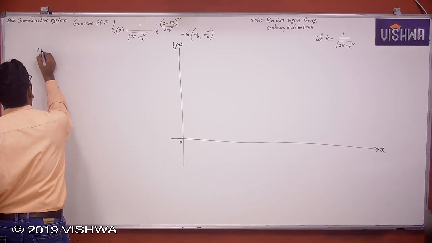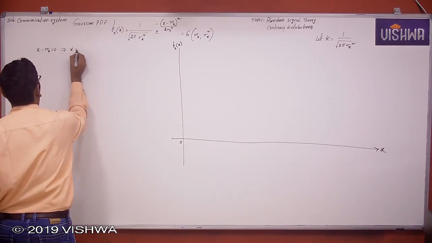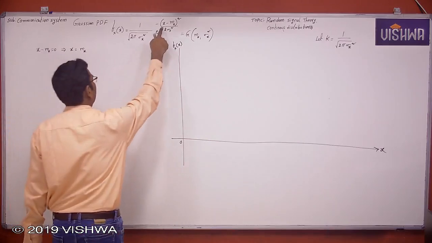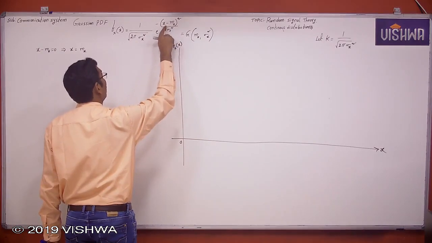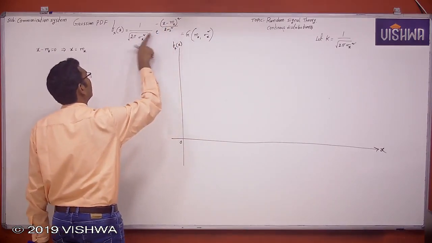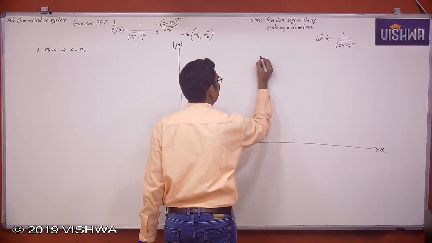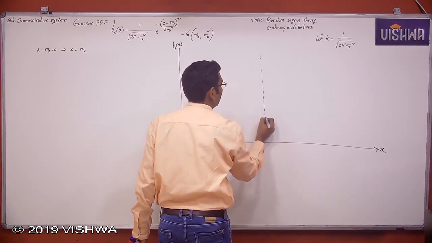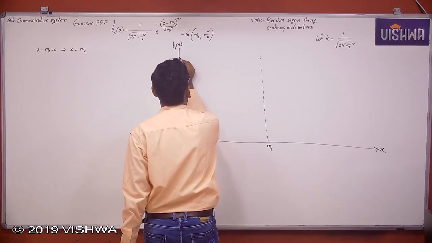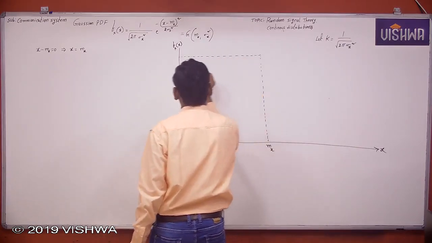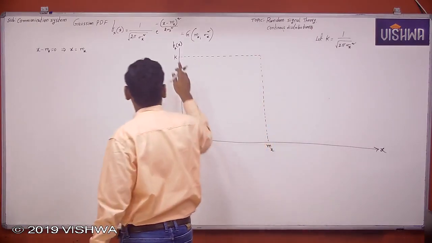When x minus mx is equal to 0, which means at x equal to mx, the exponent is e power 0, which is 1, so 1 into this is 1 by root 2 pi sigma x square. Therefore, when x equal to mx, fx of x is k.